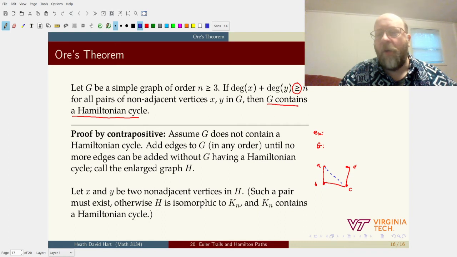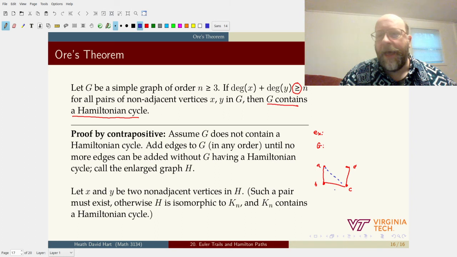I could also add the edge from, I have to be careful. If I add the edge from B to D, then I can go B, A, C, D, and then back to B, and that would be a Hamilton cycle, not going from A to D, but going from B around to B. So I can't add this edge because that would create a Hamiltonian cycle.